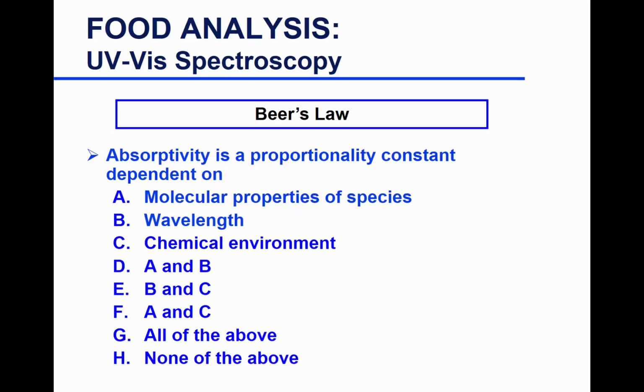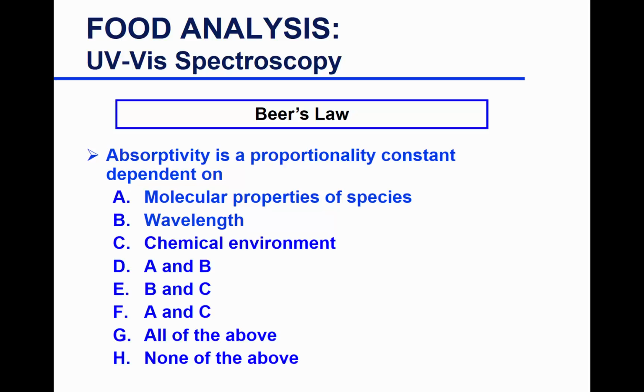Jesse? A and B. Any other? Jenny? All the above. Why, Jenny? Can you give an example? If there are other components in your solution that might absorb more light.